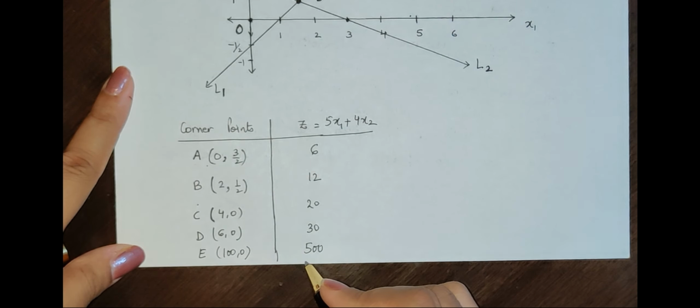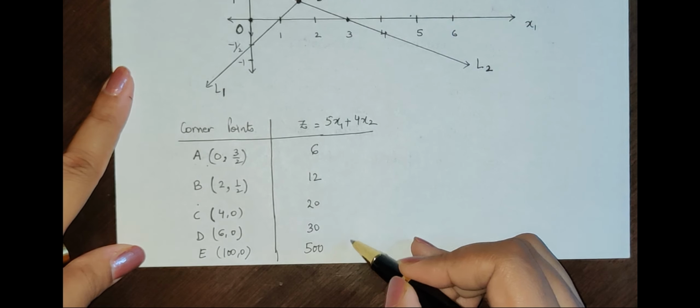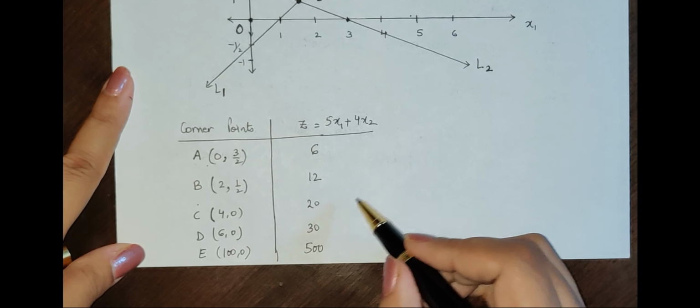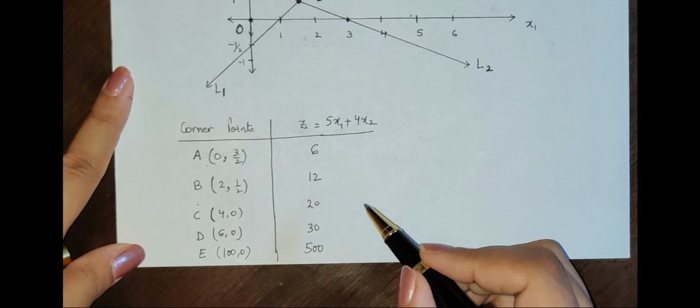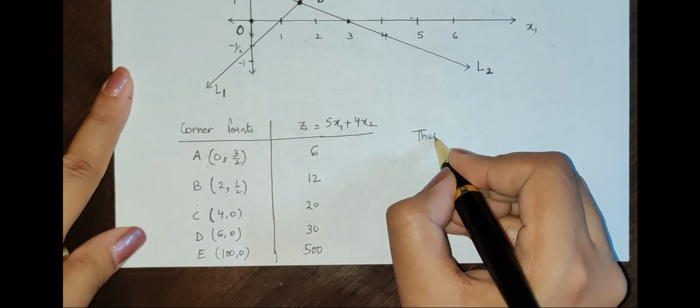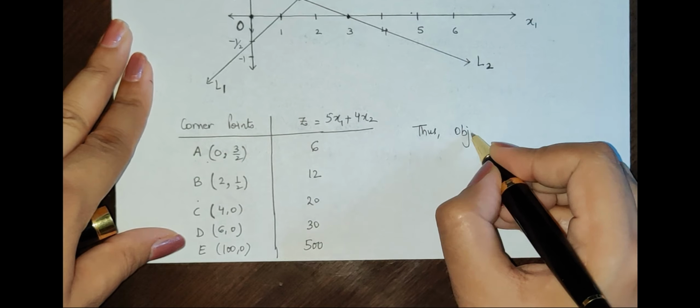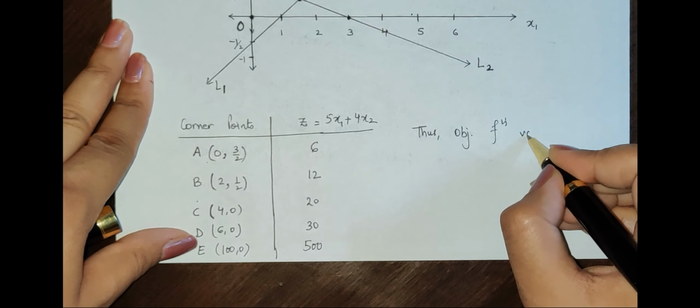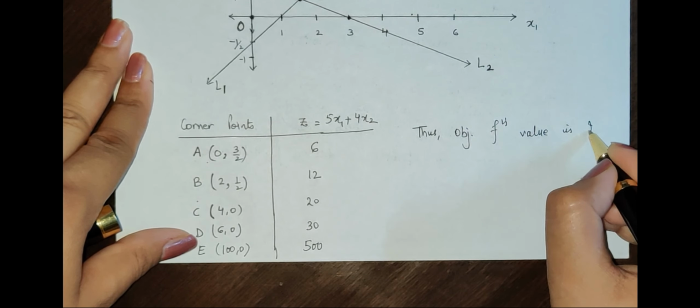So I can say that there is no upper limit to the value of Z. It means the objective function value is infinite in this case. Thus the objective function value is infinite.